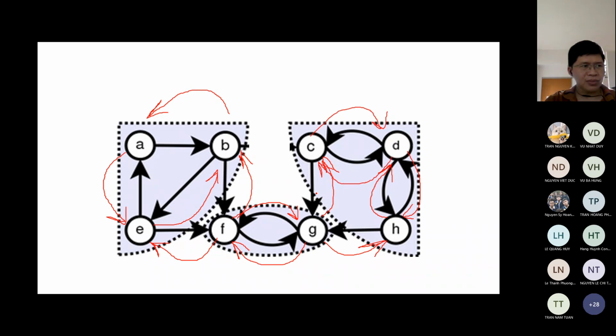You see, that is what we call the graph G inverse, the inverse of the graph G.